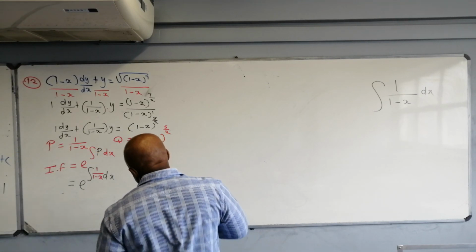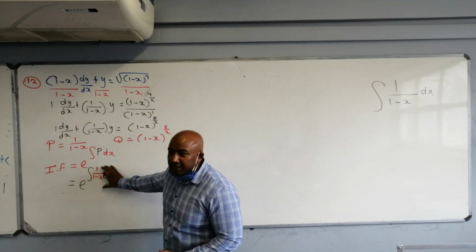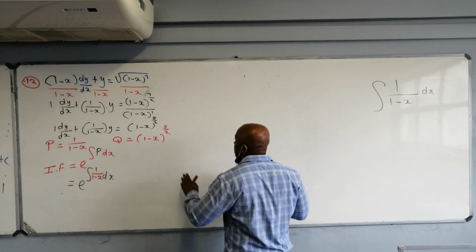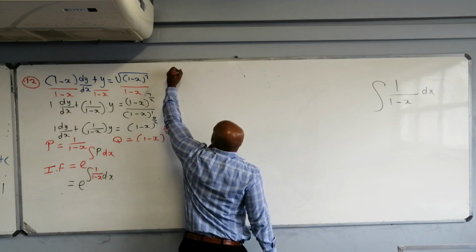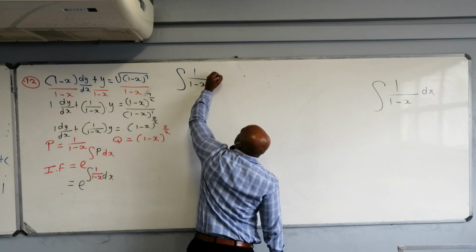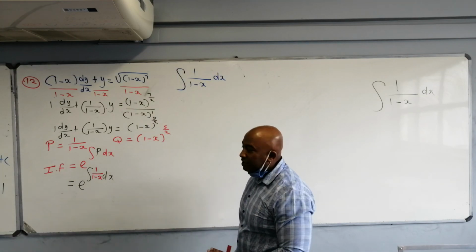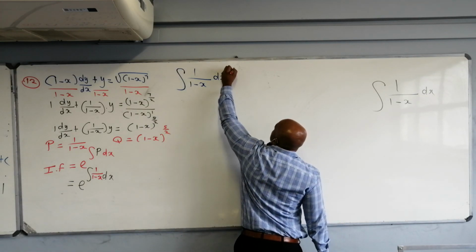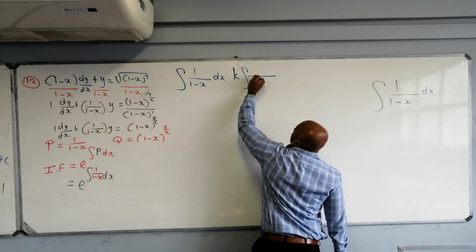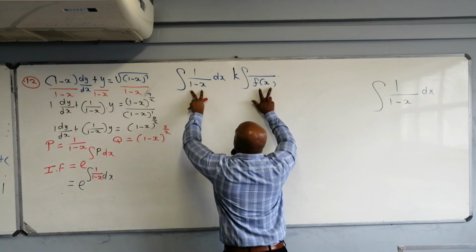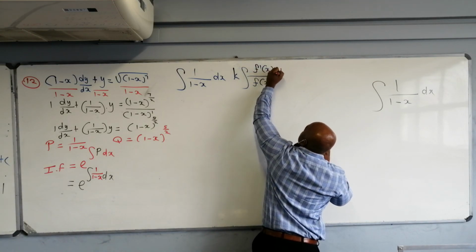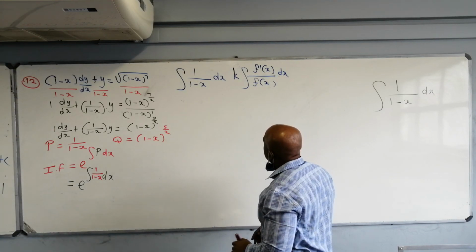Right, so this is the point of interest at the moment, this part here. Let me rewrite it. We have the integral of 1 over 1 minus x dx. Straight away, you should recognize that this is a fraction where you have f of x in the denominator and f prime x in the numerator.